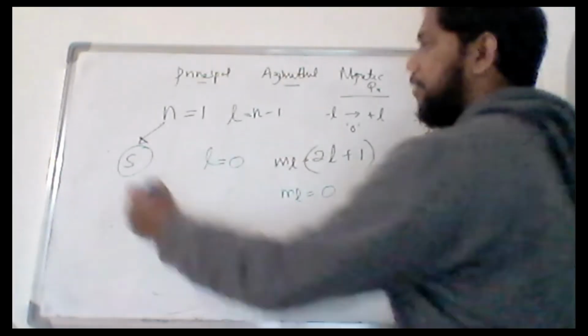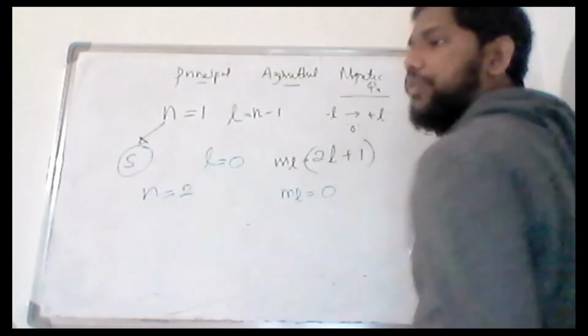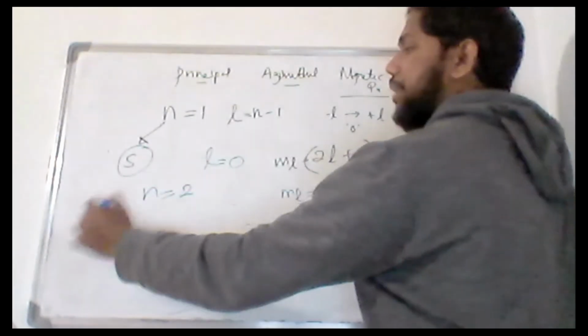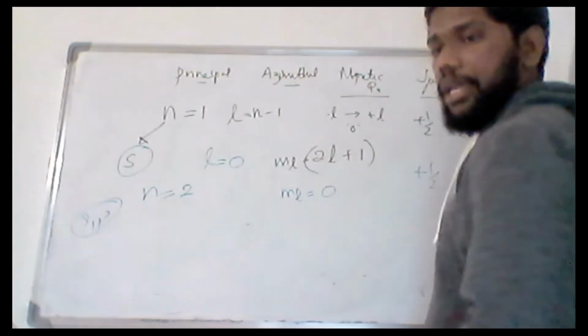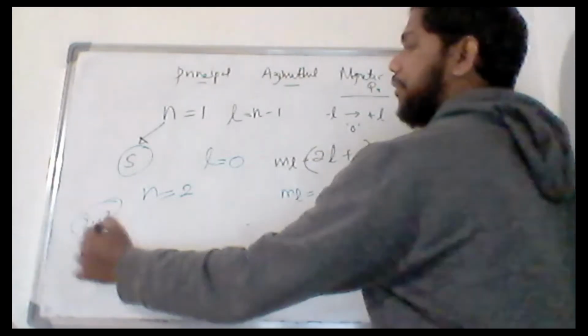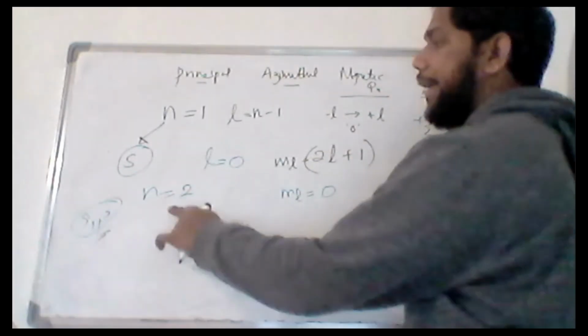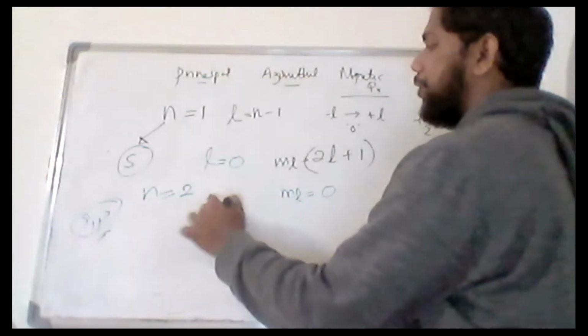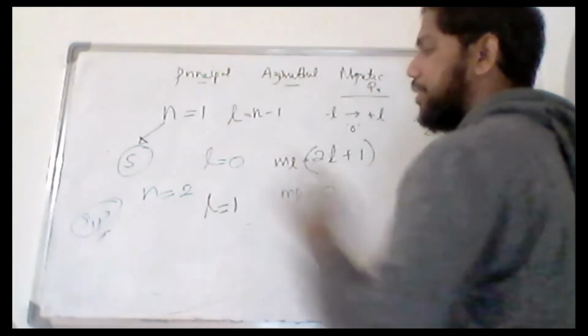Okay. Then we will go towards n equal to 2, which means you have S and P. And if you consider a P electron, n is equal to 2, L should be equal to n minus 1, which is equal to 1.